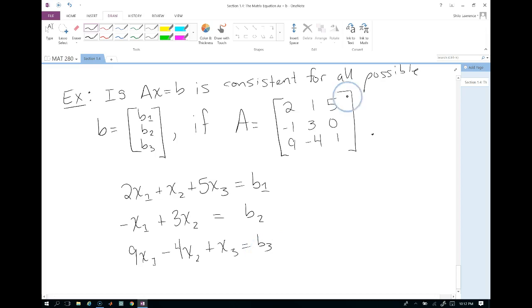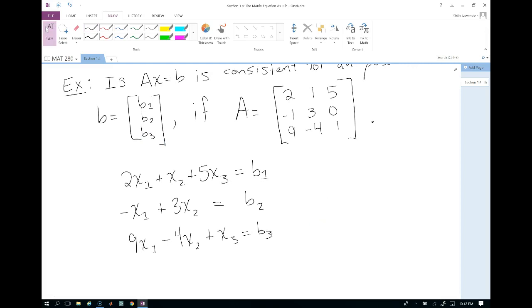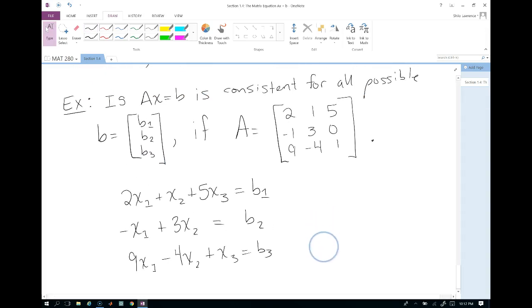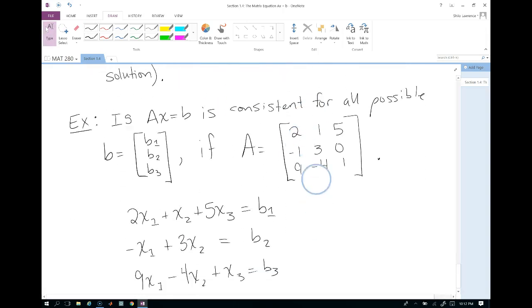All I've done is I've remembered that A is a coefficient matrix for the x's, and since I have 3 columns, there are going to be 3 variables, so I have an x1, x2, x3, and we're trying to figure out if this works for all b values or just a select number of b values. And we said if that's true, then it's going to be a consistent system.